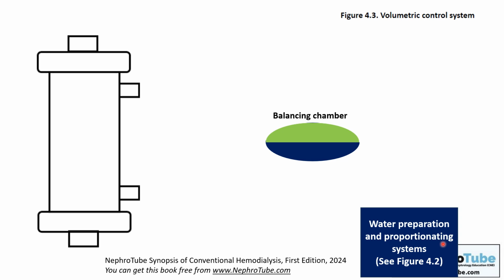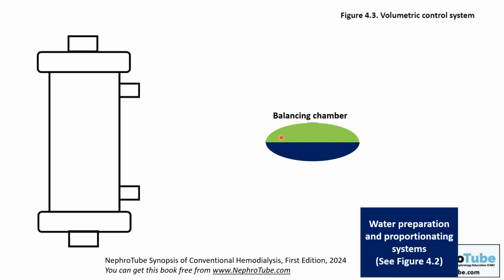And this is the balancing chamber. The volumetric control system is formed of two parts. The first is the balancing chamber. In each hemodialysis machine, there are two balancing chambers. I am here drawing only one for illustration, but there are two balancing chambers in the hemodialysis machine acting in an alternating circuit. If one is working, the other is at rest, and so on.